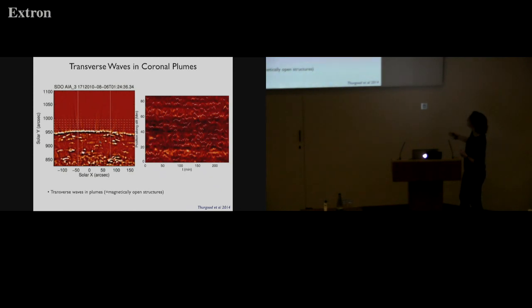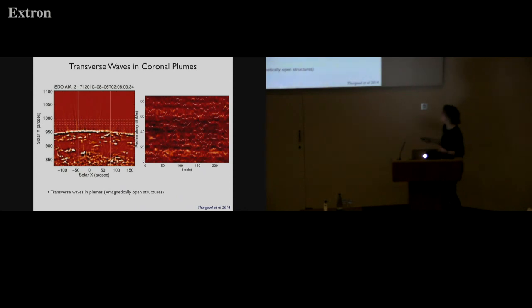The image on the right is again a time distance plot. Time is on the horizontal axis, and the distance is on the vertical axis. And the distance represents a cut along this first dotted line here, the lowest one.